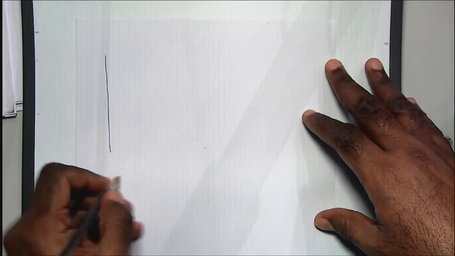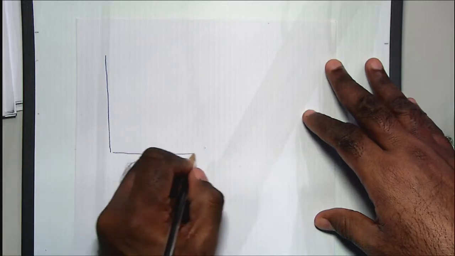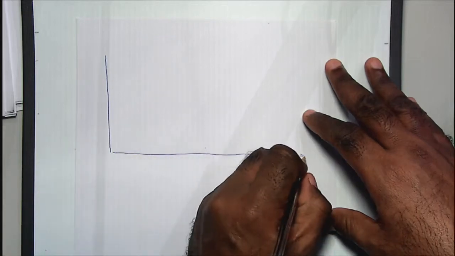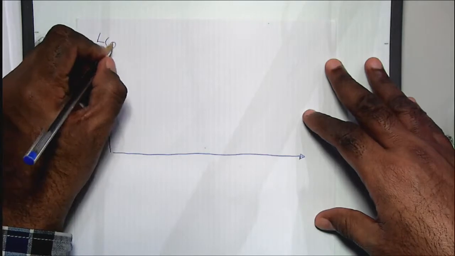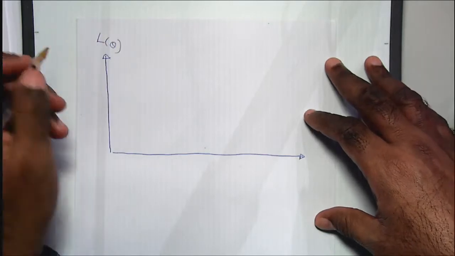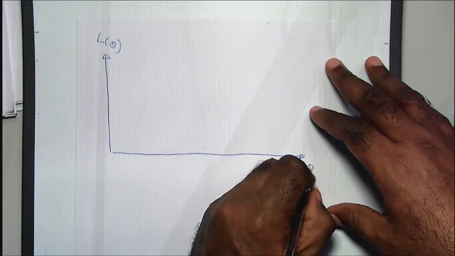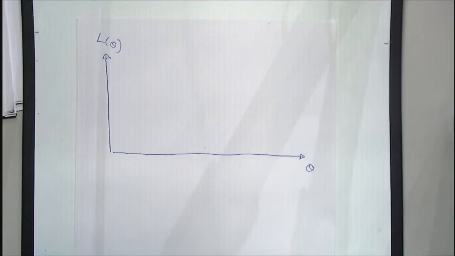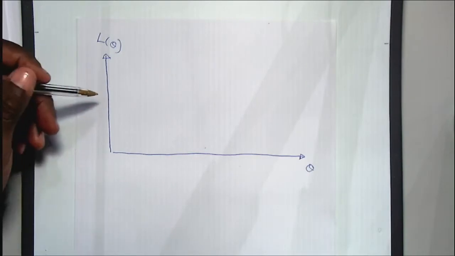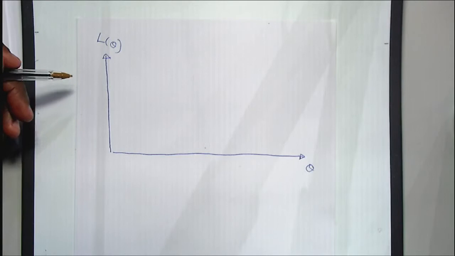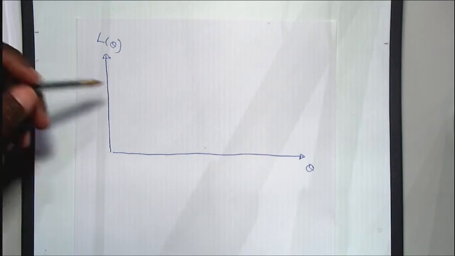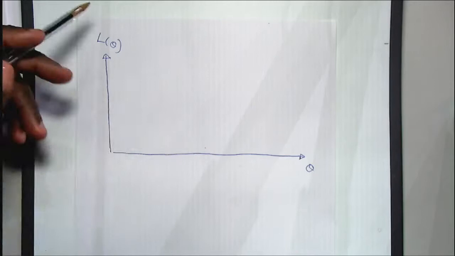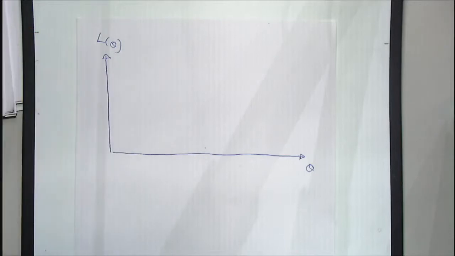So what I'm going to do is, on the y-axis I'm going to put L of theta. On the x-axis I'm going to put theta. Now what I'm going to draw here is this function. How do you think, if I draw this function on this axis, it will look, guys?